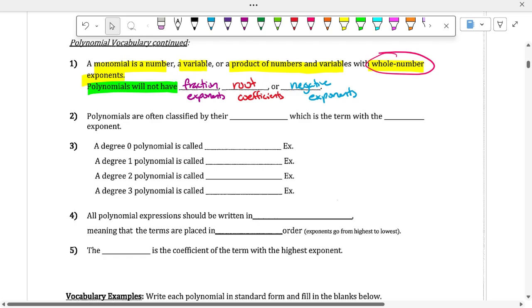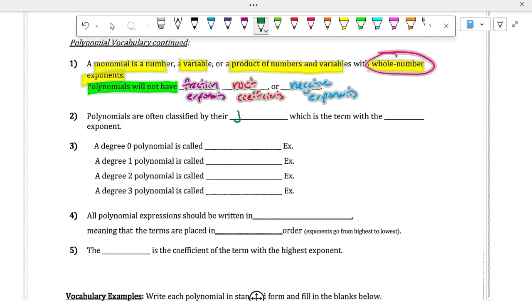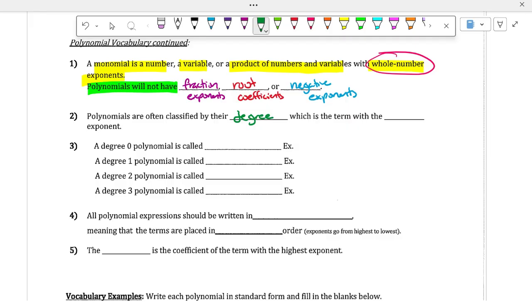Now, we also classify polynomials by their degree, which is the term with the highest exponent.